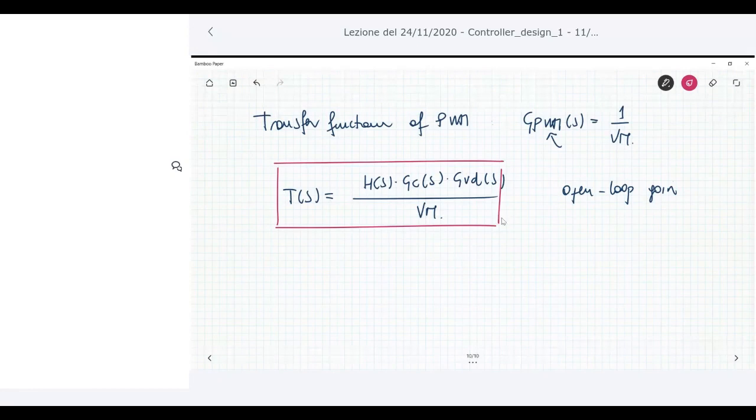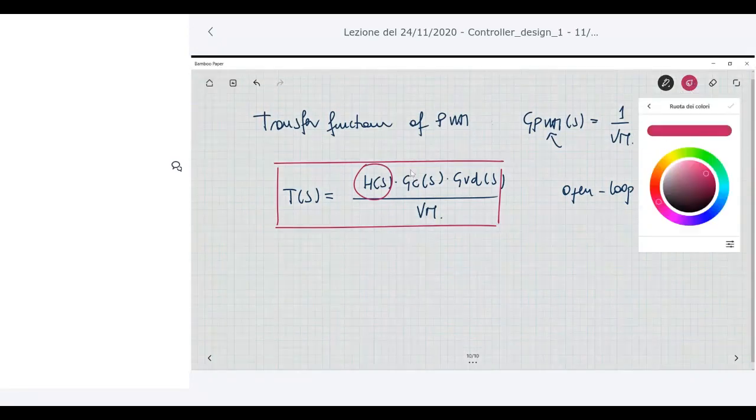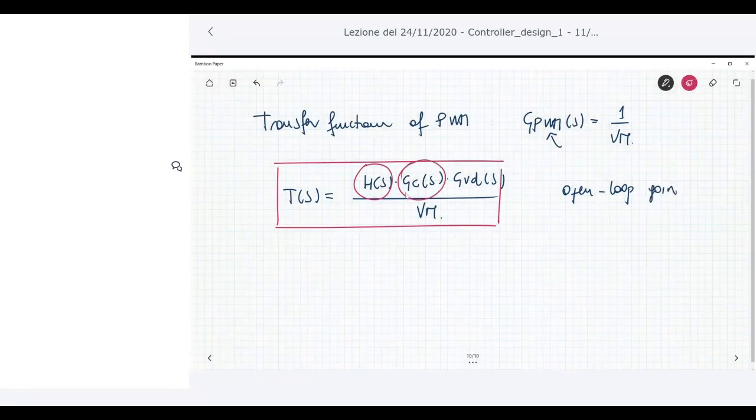So H will be considered just 1 in further analysis. This here is the transfer function of the compensator, and this is exactly what we have to derive to design the controller. We have to design the compensator.